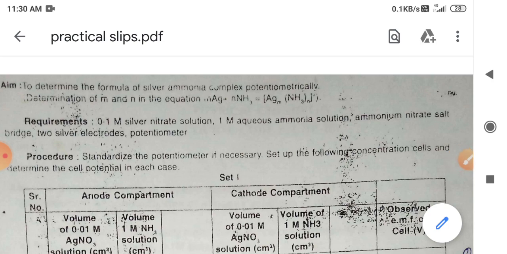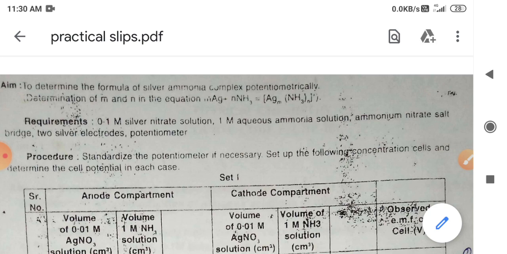We'll use the equilibrium method, and based upon that we will determine the cell potential of the concentration cell, and then find the exact concentration of ammonia and silver ions.